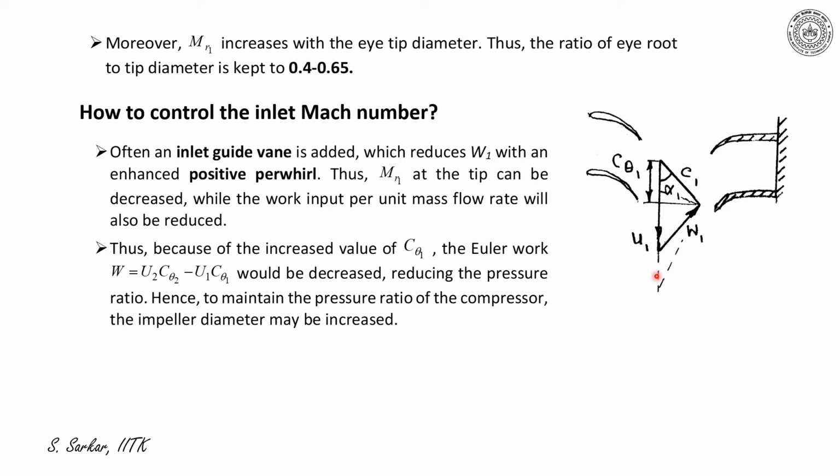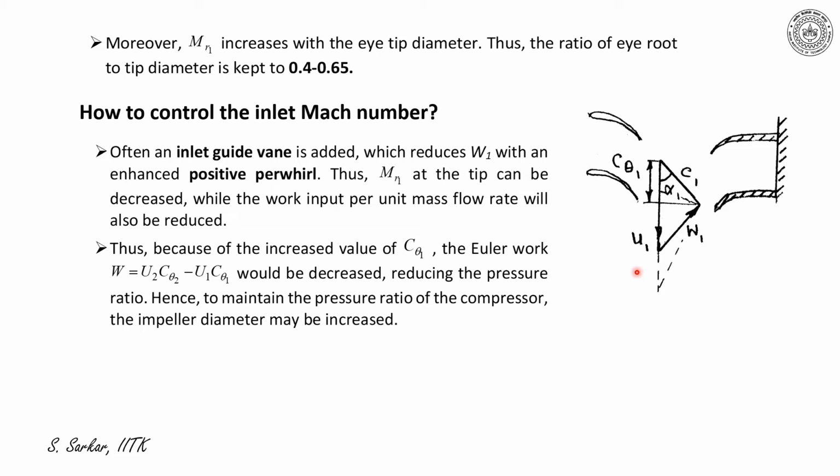The velocity triangle with guide vane has been indicated here with the full line, and without guide vane is shown by the dotted line. So U1 is the blade speed at the tip, and W1 is the relative velocity.